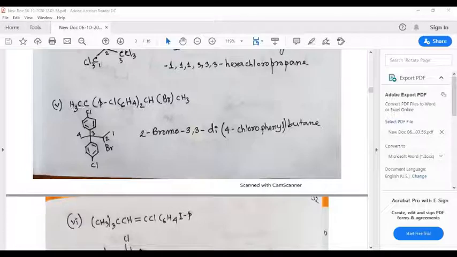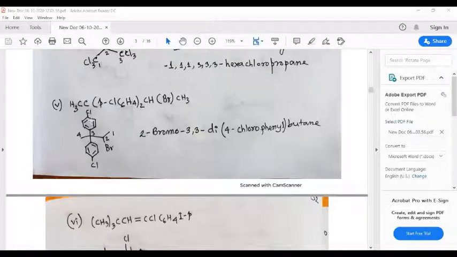Number 5. CH3C(C6H4Cl)2CHBrCH3. So this CH3 carbon is this one, then this carbon is this carbon. To this carbon one is a methyl group. So this is the methyl group, and two such groups. One is this group and the other is this group.